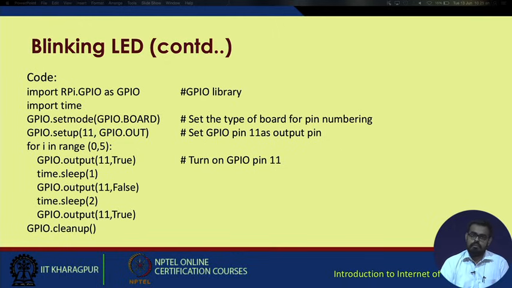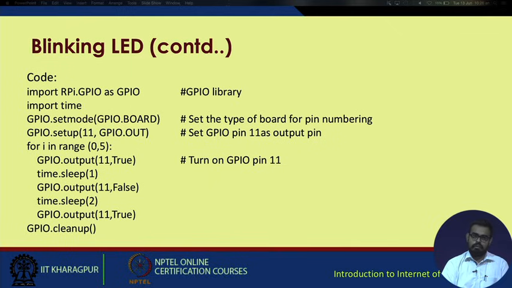So we are going to stick to this board option, and GPIO pin 11 is set up as the output pin. Then the main looping part, just a simple loop for i in range 0 to 5. That means it will iterate between 0, 1, 2, 3 and 4. 5 is excluded. We covered this in the Python programming part. Now GPIO.output pin 11 is true. That means it will send a high bit to the output pin.